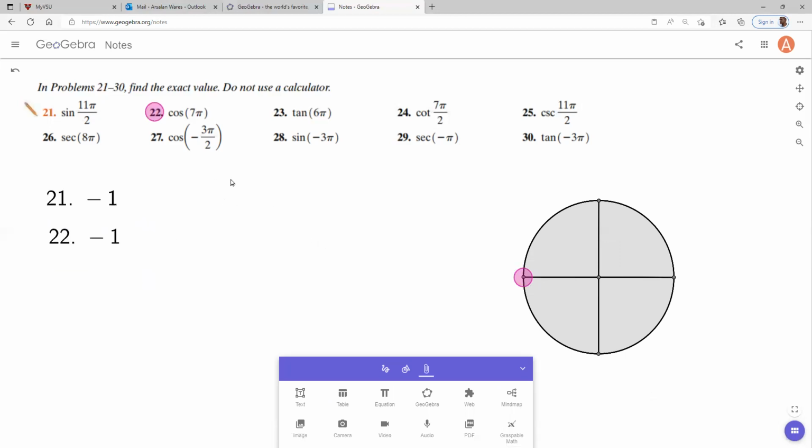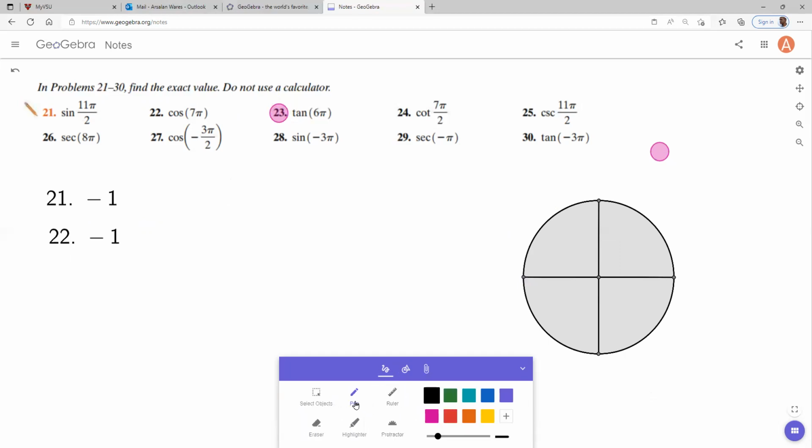Okay, let's do one with 10. These are actually fairly easy. So 6 pi, I think you're getting it, hopefully. 6 pi is 1 pi, 2, 3, 4, 5, 6. You land here, and this is the point you're after. And remember, guys, tan is sine over cosine.